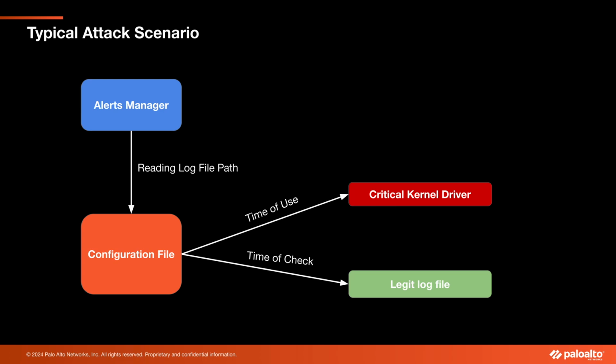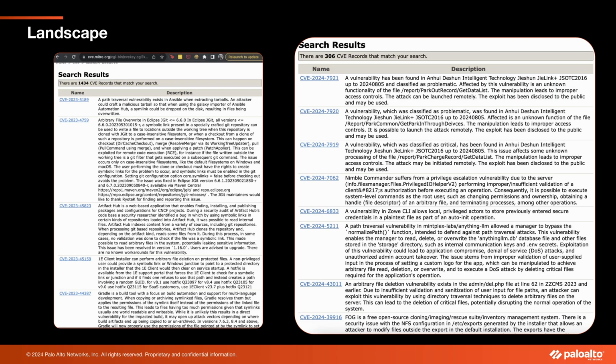When it was initially set up, at the time of setup, it was pointing to a legit log file, right? But at the time of use, an attacker can just modify it to point to a critical kernel driver and replicate what we saw with a lot of EDR agents. So looking into the landscape, we see there are a lot of known CVEs and vulnerabilities that were found using the same file operation vulnerabilities.